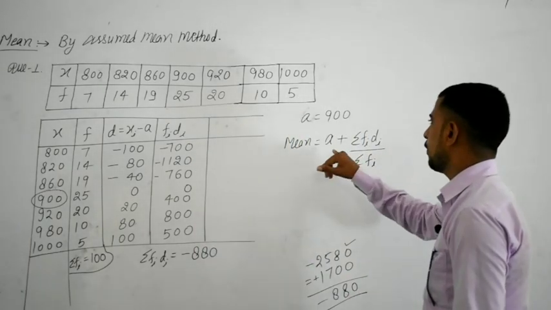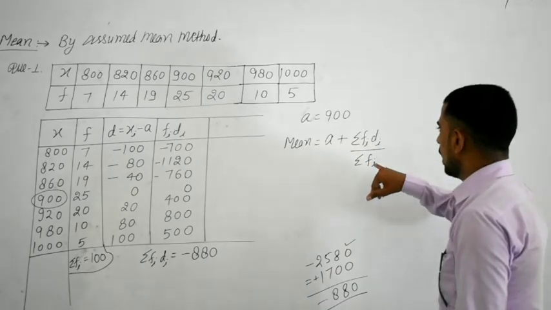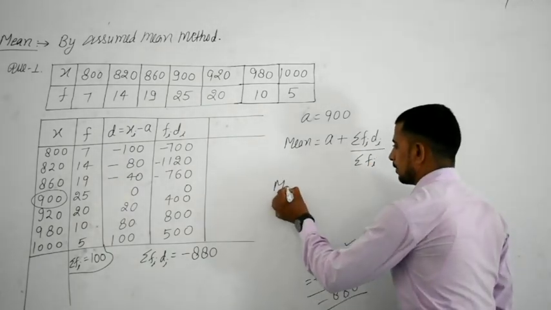Here put the values of A, summation fi di and summation fi.